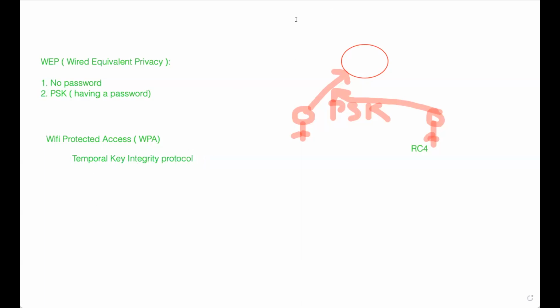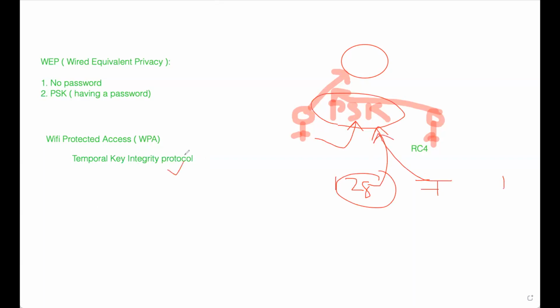The concept is the same. The user will be using the password, but the encryption will be done with 128 bits, a longer bit encryption. They will add 128 bits to the actual pre-shared key, mix it, and generate a random output so that no one can actually decrypt the password. So the temporal key uses a bigger, 128-bit key.